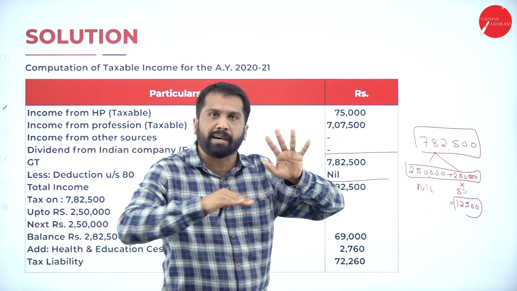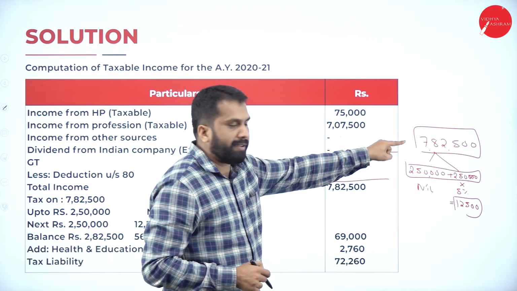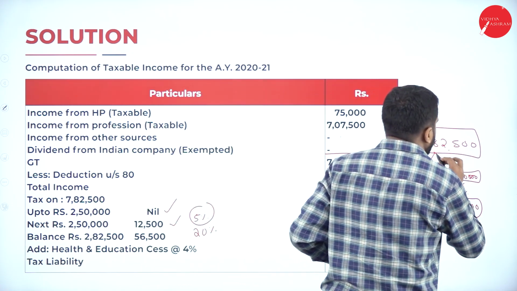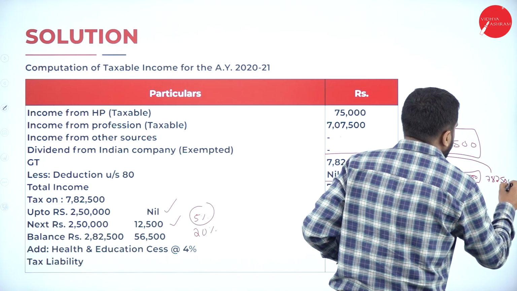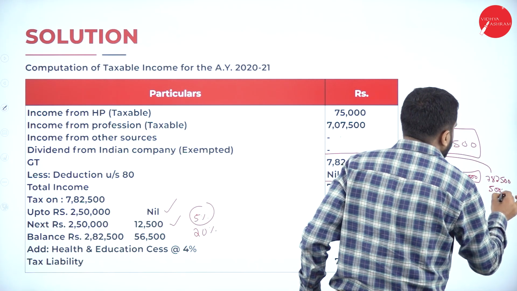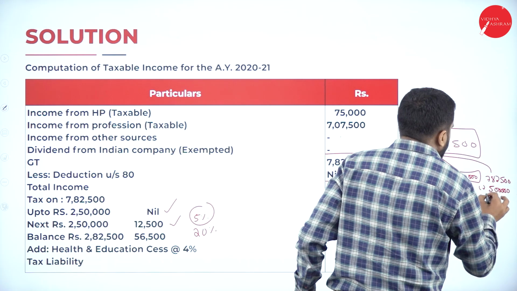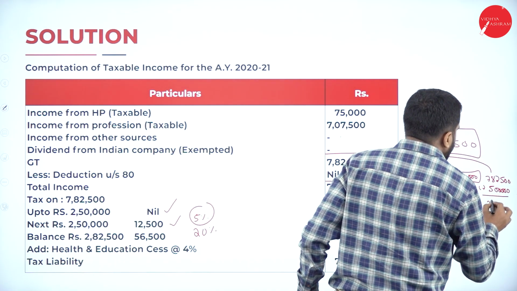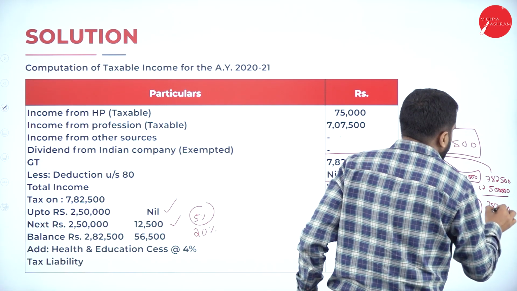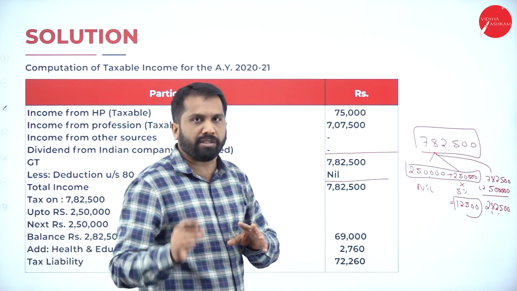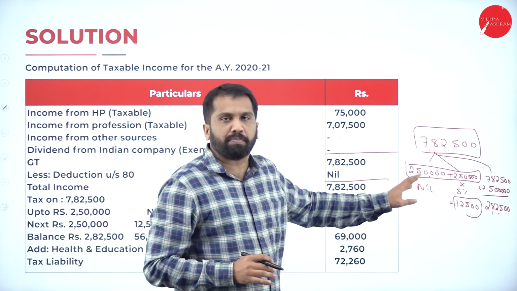Up to 5 lakh we completed. 7,82,500 minus 5 lakh, you will get 2,82,500. The fonts are very small actually, sorry. I don't have much space there.